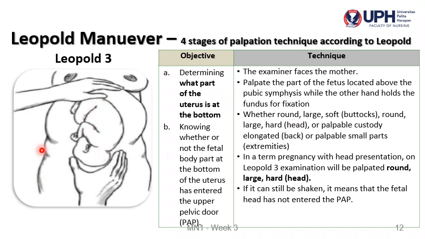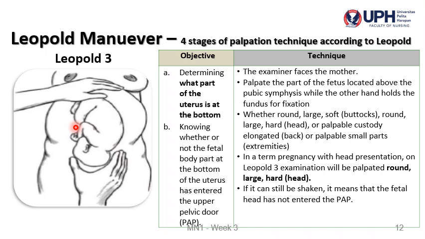And then we determine whether down here is large and soft, or large, round and hard, and we also palpate the elongated back or the small parts which indicate the extremities.